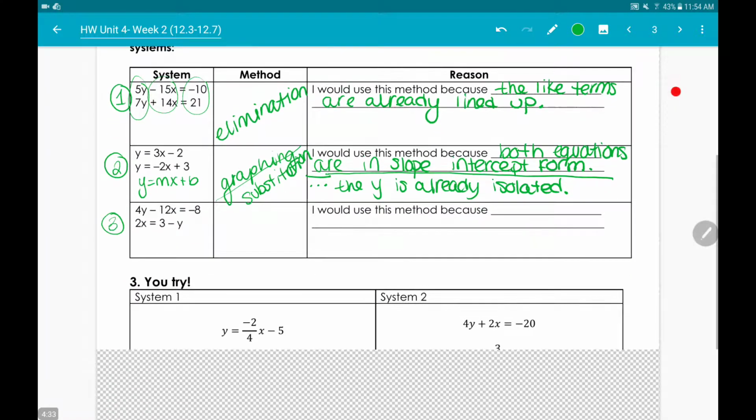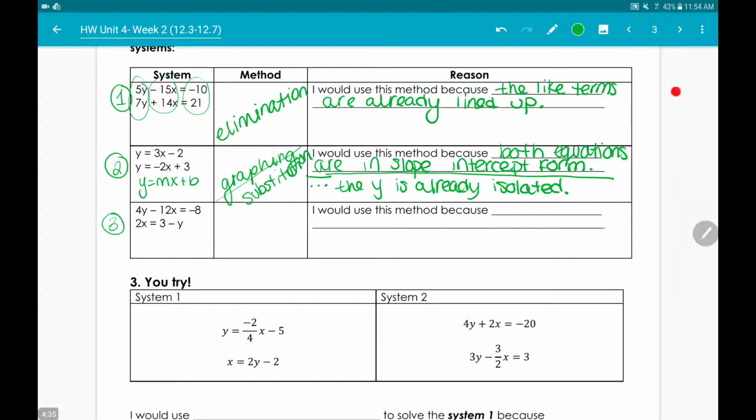All right, and lastly, number 3. Okay, if I look here, I'm not quite isolated, but I'm really, really close. All I would have to do is get rid of this 2. Okay? Or I could just get rid of the 3 and have y by itself. So I would use for this one, definitely, substitution.